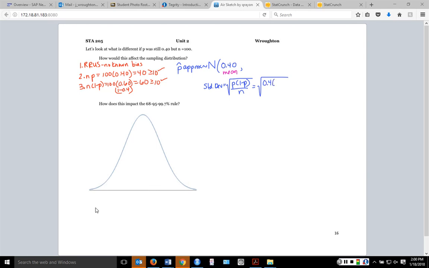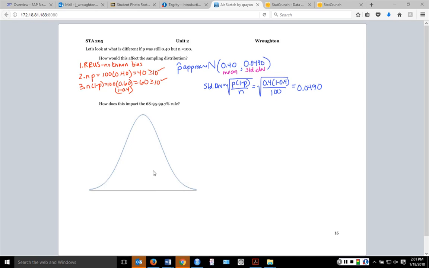So the top is the same, but our n on the bottom is different, and we know sample size does affect standard deviation. So this one turns out to be 0.0490. So that's what's going to go in up here. And that's how it's going to change the sampling distribution.